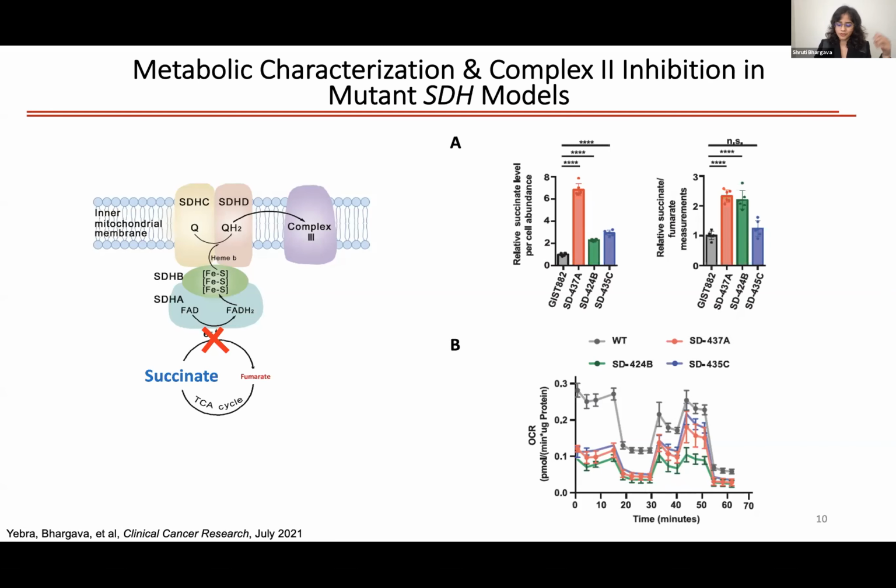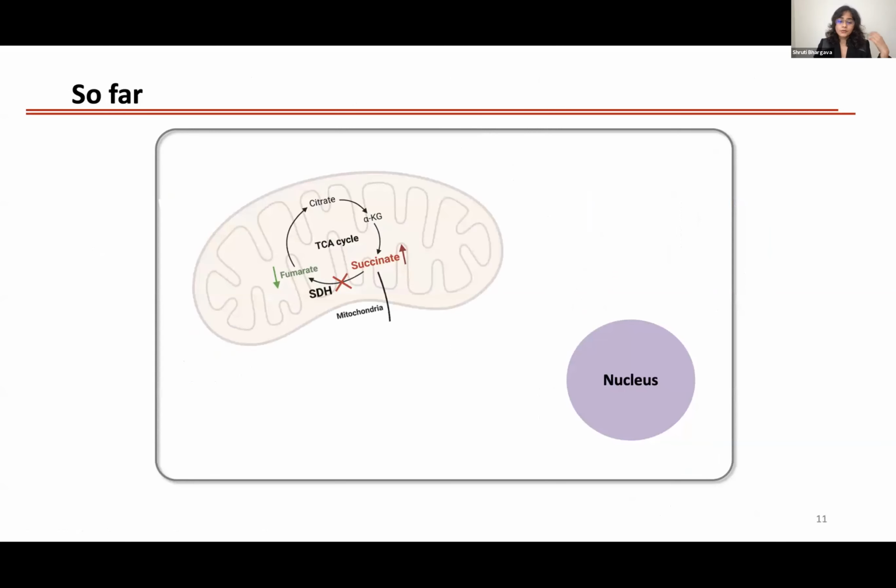So far, we have seen that the SDH complex plays an essential role in the TCA cycle, or cellular respiration. It converts succinate to fumarate, and with its abrogation, we have higher levels of succinate in the mitochondria and inside the cell, and lower levels of fumarate.